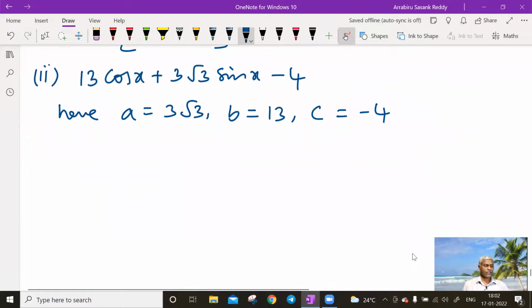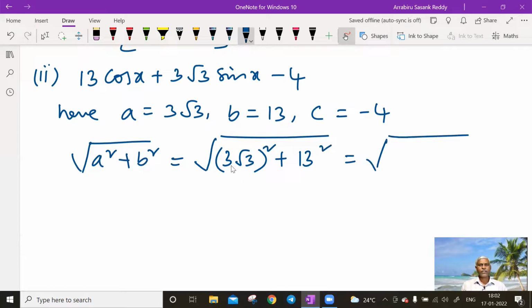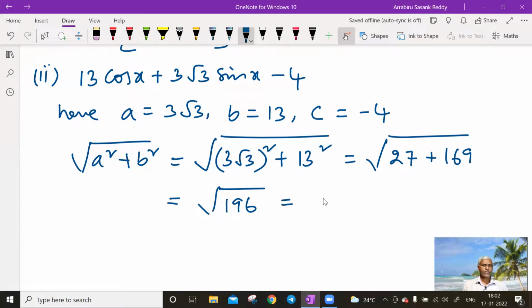Now let us find under root a square plus b square value: 3 root 3 square plus 13 square. 3 square is 9, 9 into 3 is 27, plus 169, so this is 196. That is, root 196 is 14.